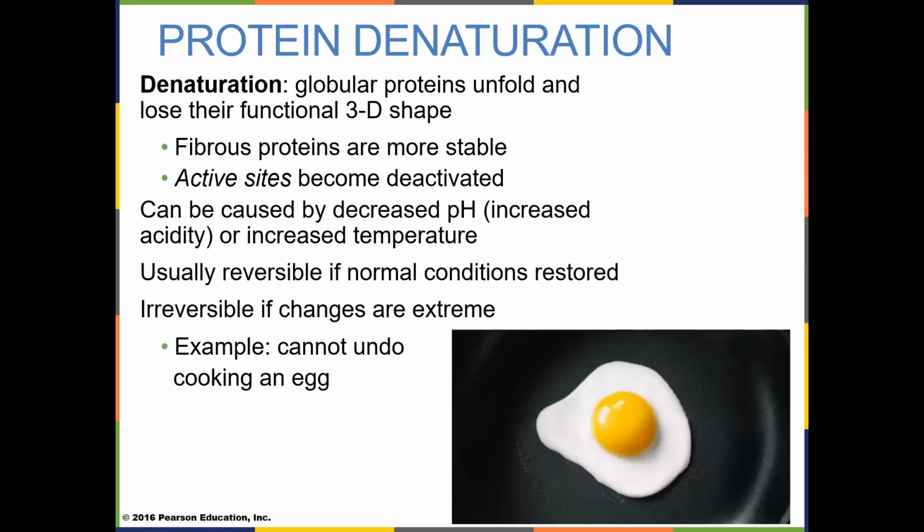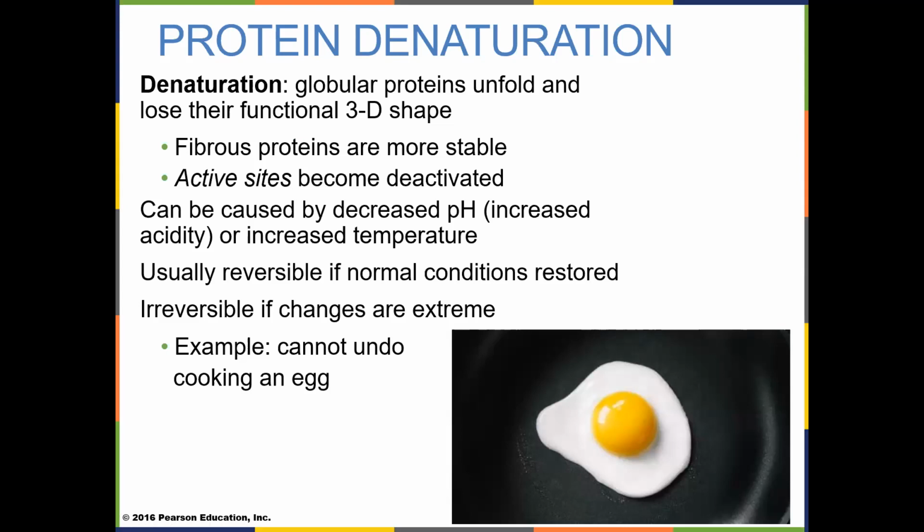The problem with the globular proteins is they are very sensitive to changes in temperature and environment. The fibrous proteins are very stable. They don't respond to change like that. But these globular proteins can become denatured.